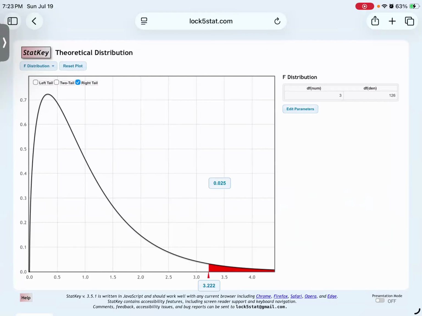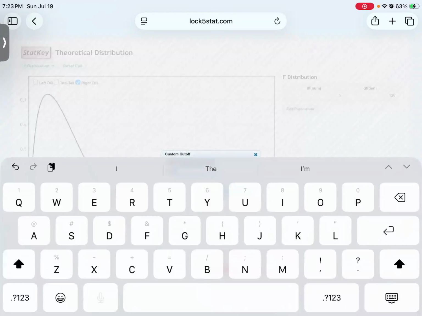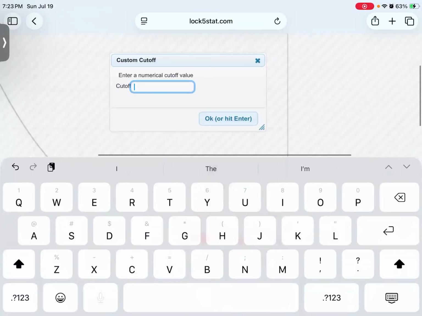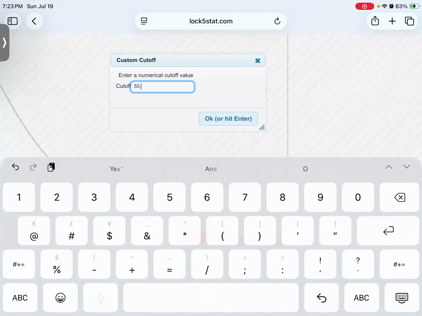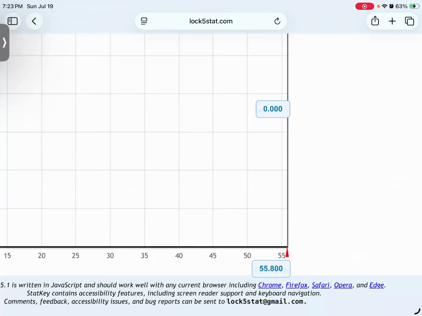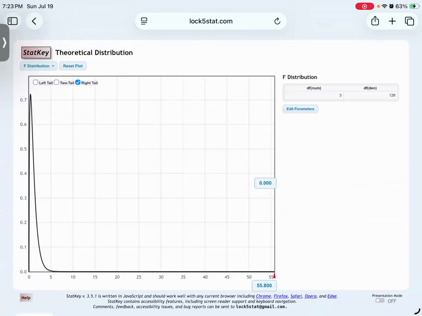And now we can do our right tail. And now down at the bottom right, we can put the 55.8. Click OK. And we get a p-value of 0.